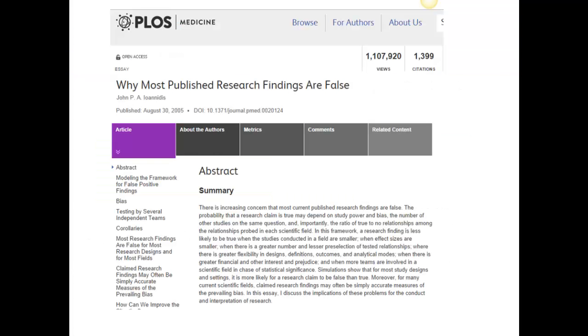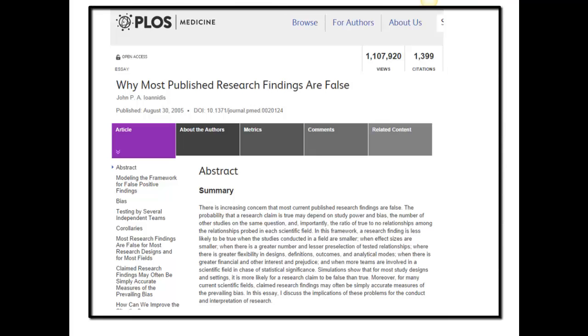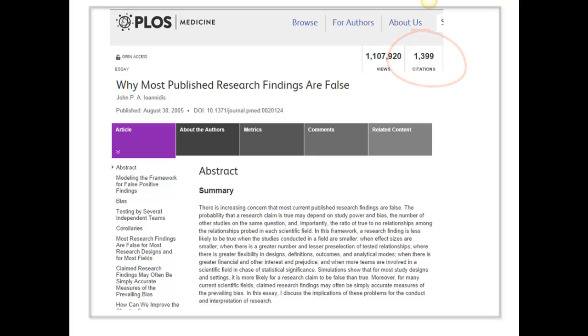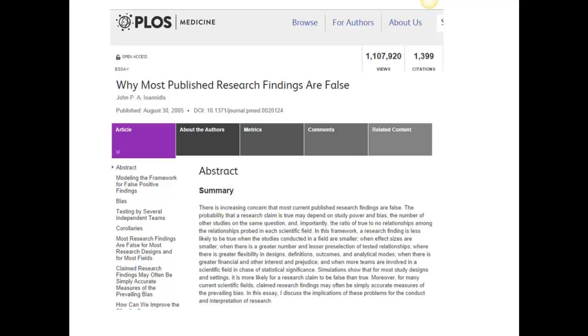And most published research findings, or so-called discoveries, are actually false, and this was explained and supported through theoretical arguments in this paper here, and it's one of the most highly cited papers in recent years. In nutritional epidemiology, there are many examples of findings that failed the test of time or failed to replicate in subsequent studies, in particular studies on the health effects of micronutrients.